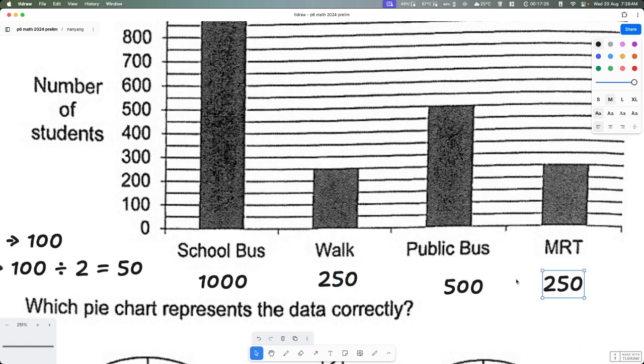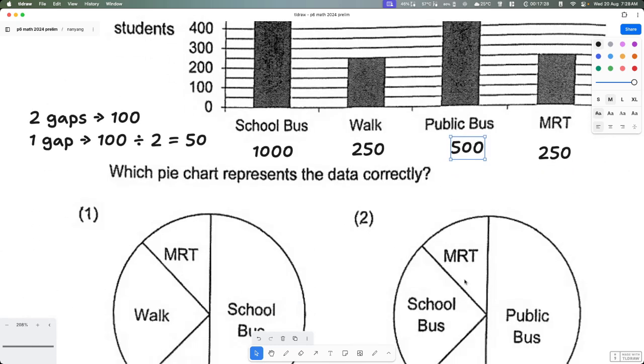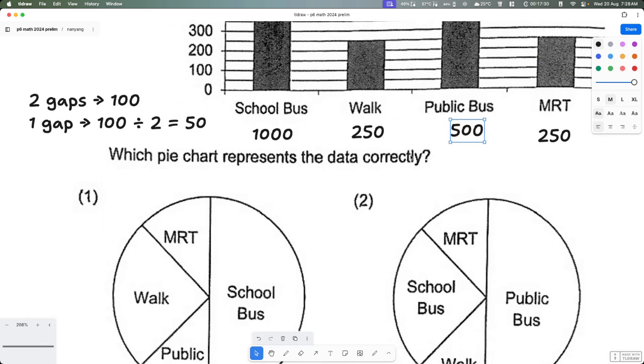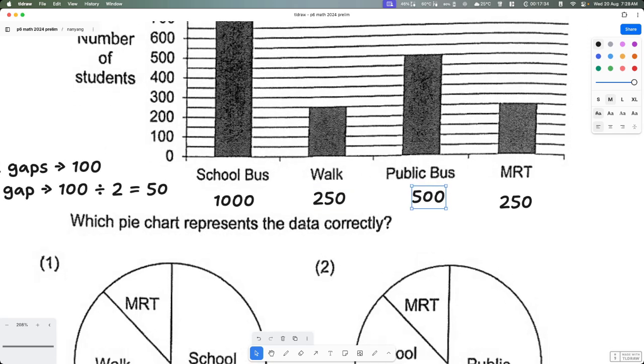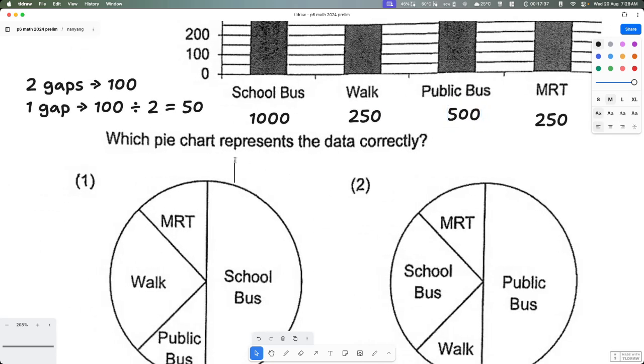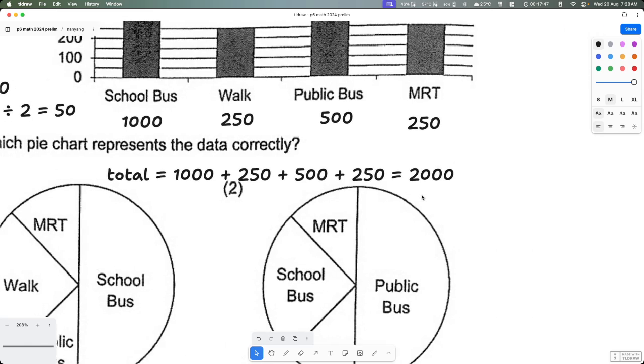Okay, so the total is 1,000 plus 250 plus 500 plus 250, which is equal to 2,000. So the total is 2,000.